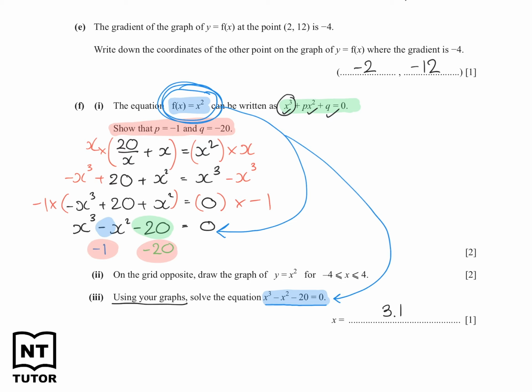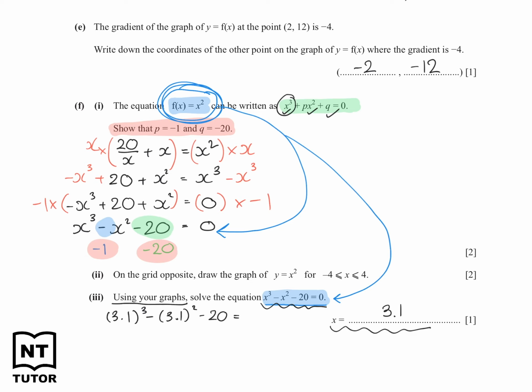However, we have a way to check the accuracy of your answer. If x equals 3.1 is a solution for this expression, this means that this value of x cubed, then minus the square, then minus 20 should equal 0. So if you substitute this value of x into the expression, we can do 3.1 to the power of 3 minus 3.1 to the power of 2 minus 20.